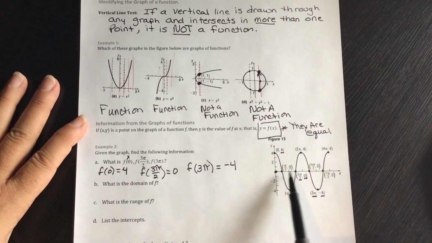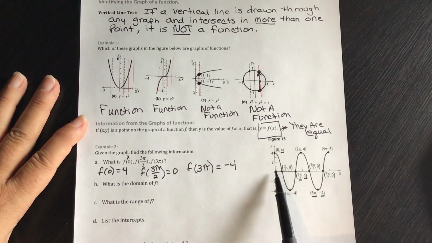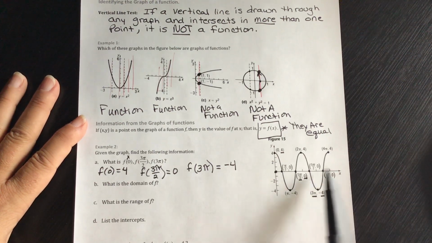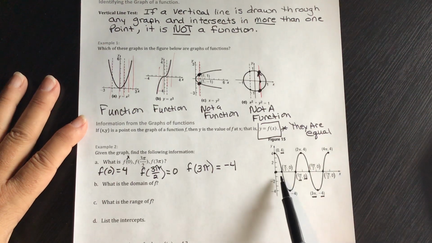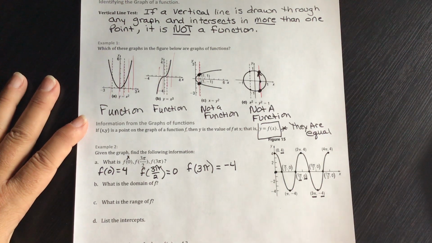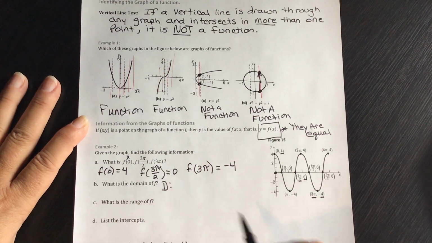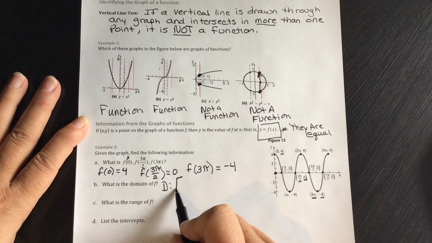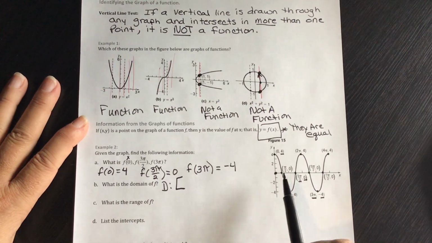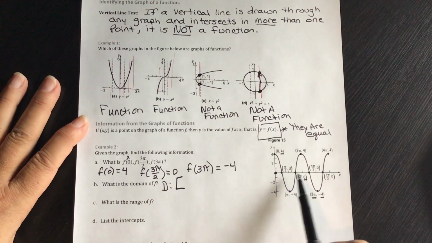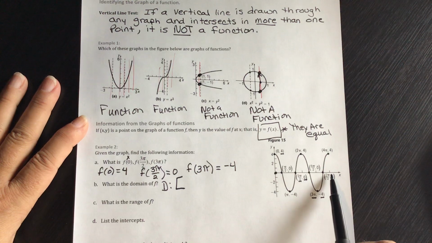My x values don't continue on. There's no arrows, so our set of x values is closed. That means we have a limited amount of x values. In this case, our domain is going to be the set of numbers between 0 and 7 pi over 2.